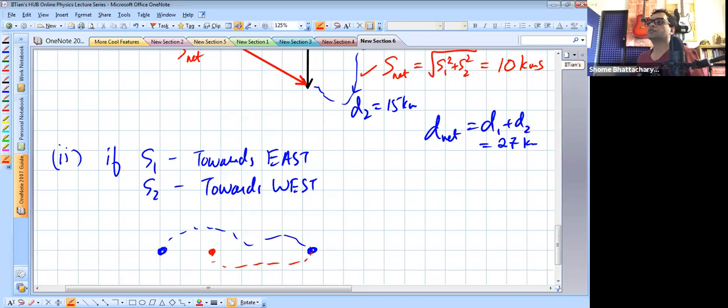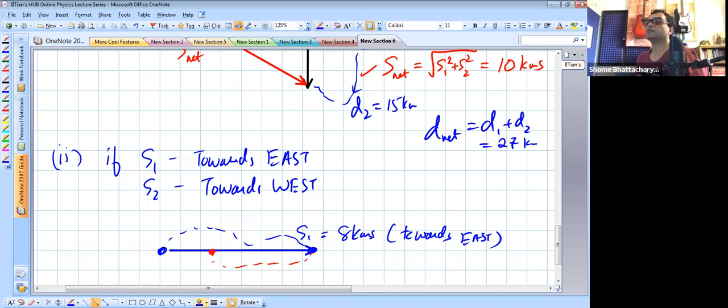So you can see that S1 in this case is going to be this displacement, which is 8 kilometers towards east. But in the same diagram, my second displacement S2 is going to come in here now.